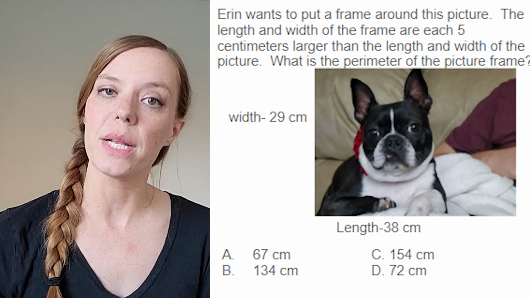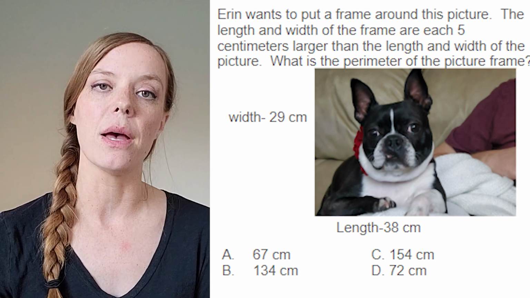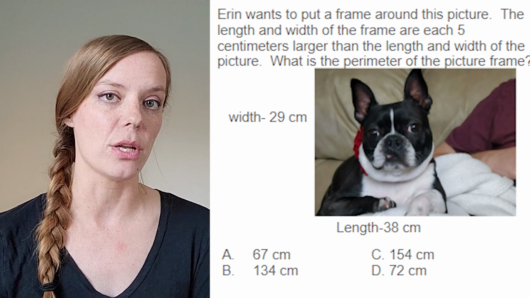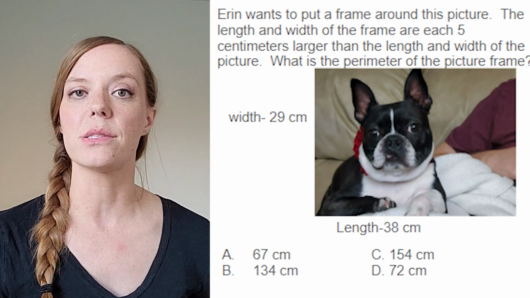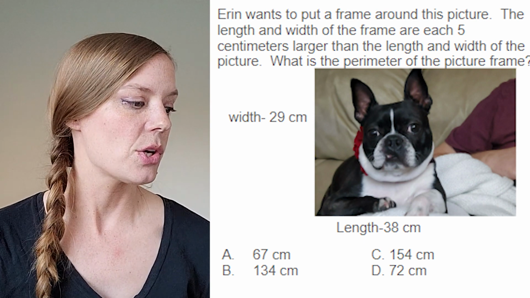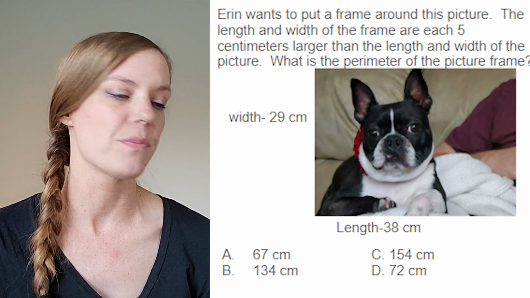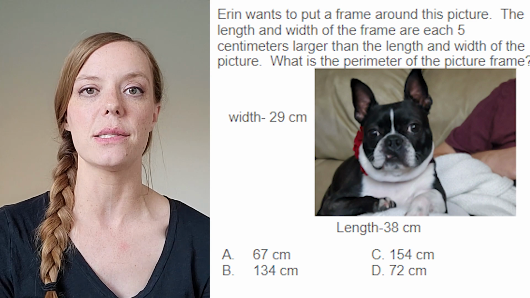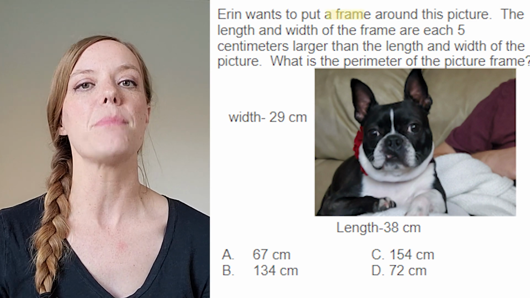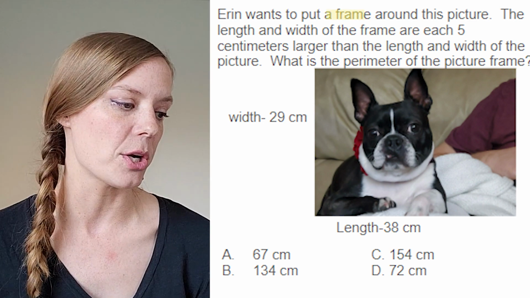Now, though, I want to read it a second time, and this time highlight important information because I think that will help me solve it even better. So it says, Aaron wants to put a frame around this picture. So I'm going to highlight frame because that's a key word that makes me think of perimeter.